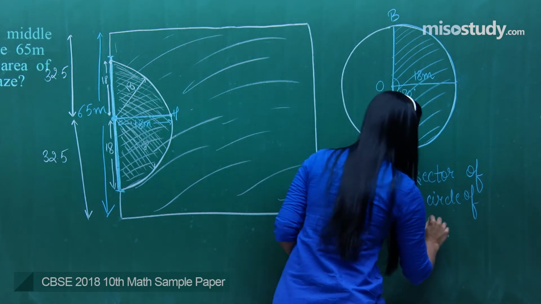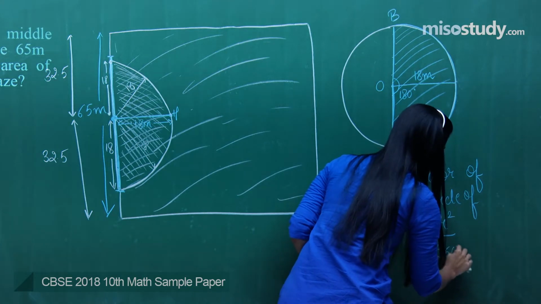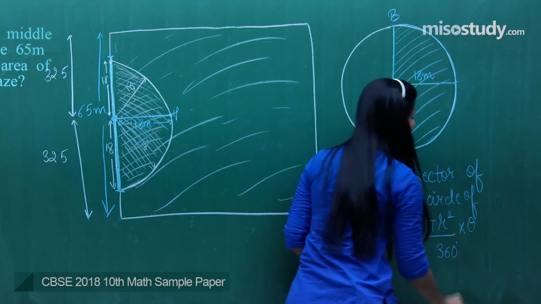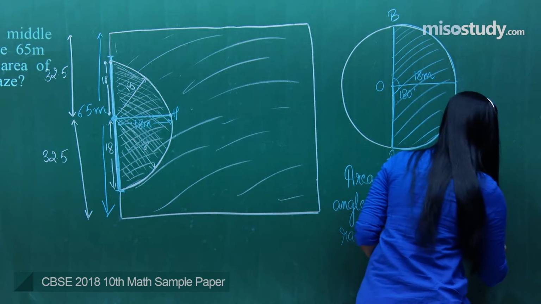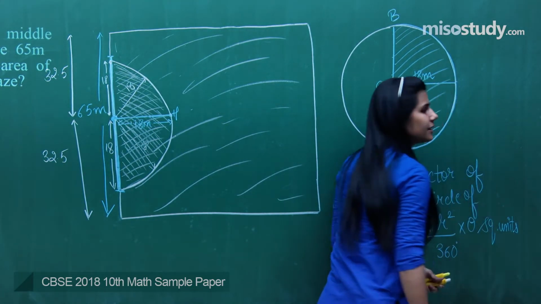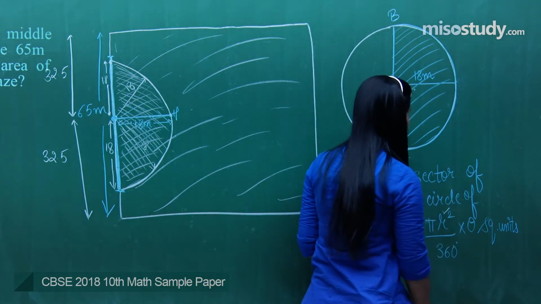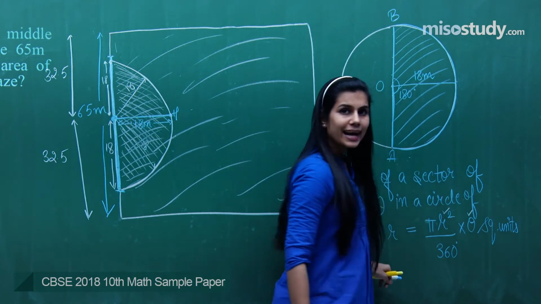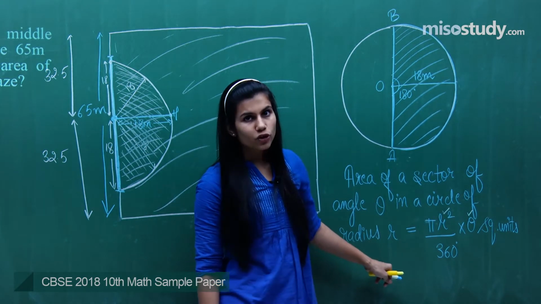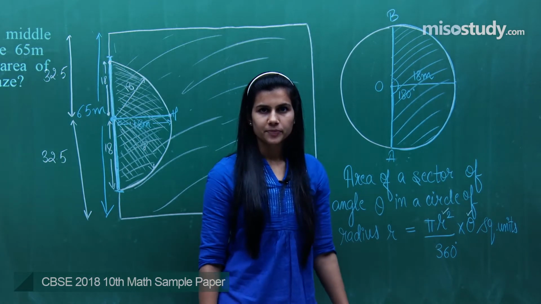It is pi r square by 360 degrees into theta square units, because we are talking about area. And so, if you know the radius of the circle and if you know the angle which is subtended by the arc of the sector, you are able to find out the area of that sector.